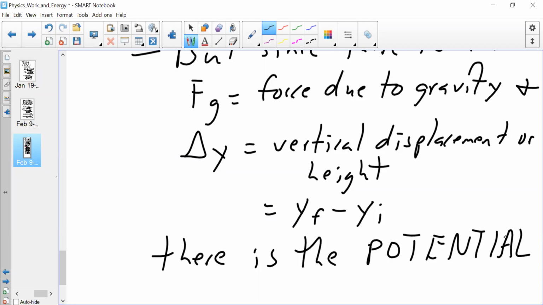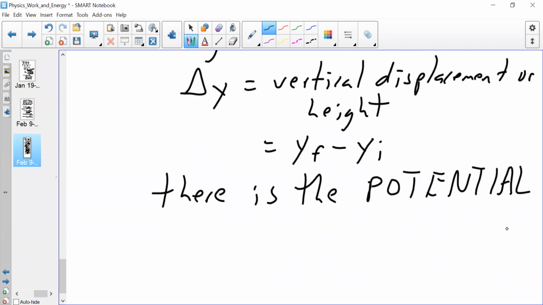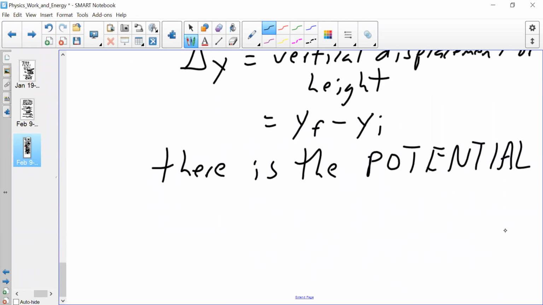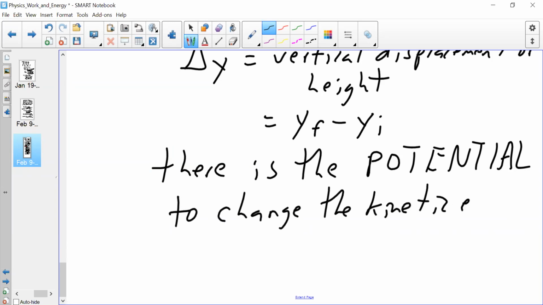But at that moment, the energy at that moment is what we call potential energy. So I'm going to be more descriptive for that right here. Since those two vectors exist, there is the potential to change the kinetic energy. It's not changed yet, but it is possible, or the potential to do it.